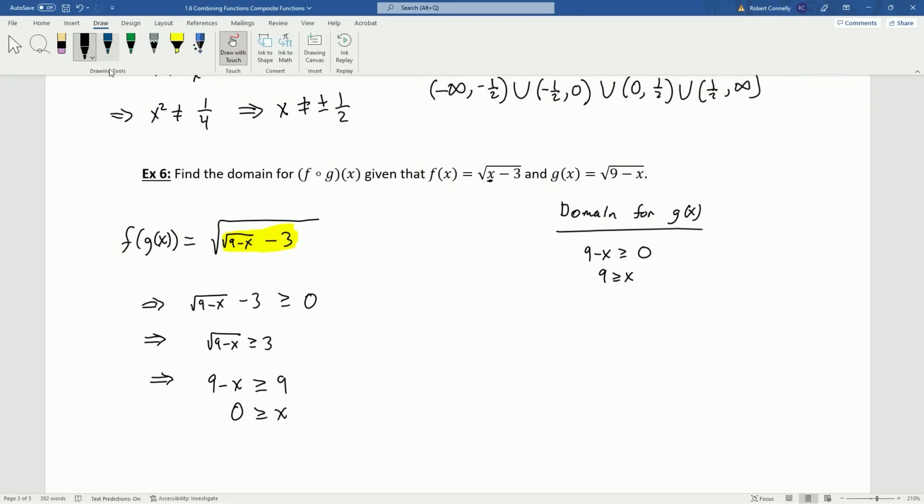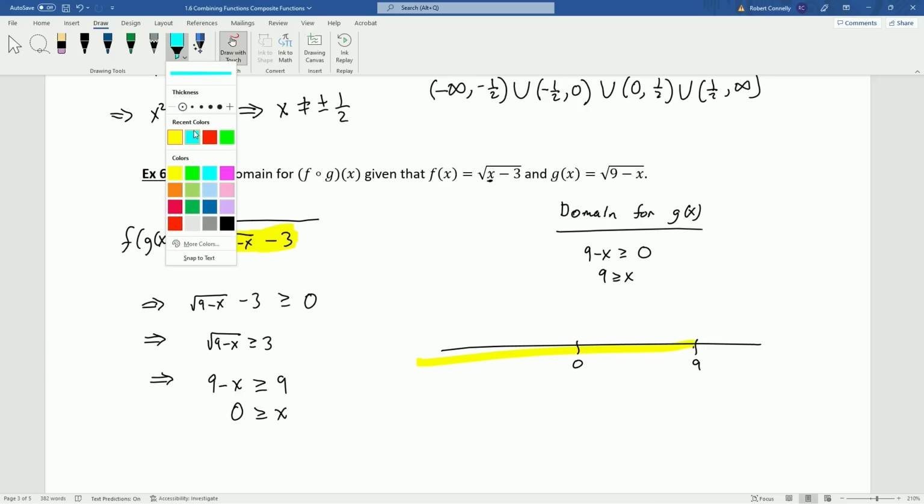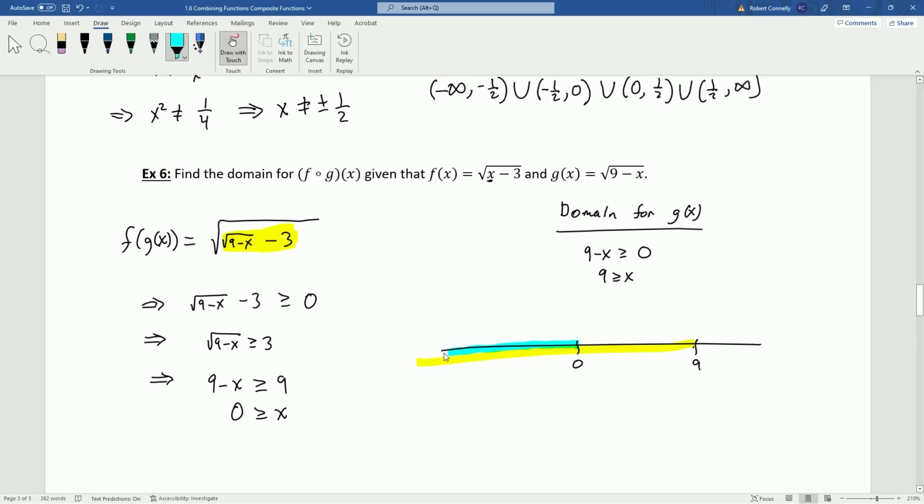So again, let's take a look at the number line for these 2 restrictions, because now we've got to combine 2 restrictions together. Both of these restrictions must be true: the natural restriction on g and the restriction on f that occurs because we've plugged g into it. So what do we get here? x is less than or equal to 9. That's all of that. And then we get that x is less than or equal to 0.